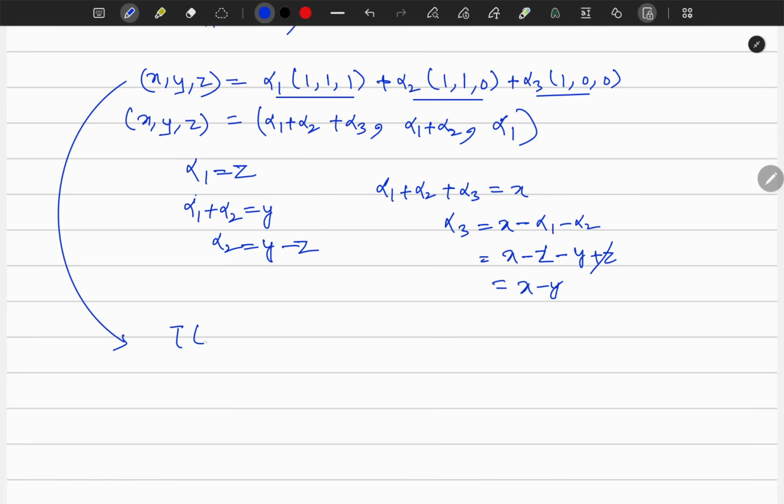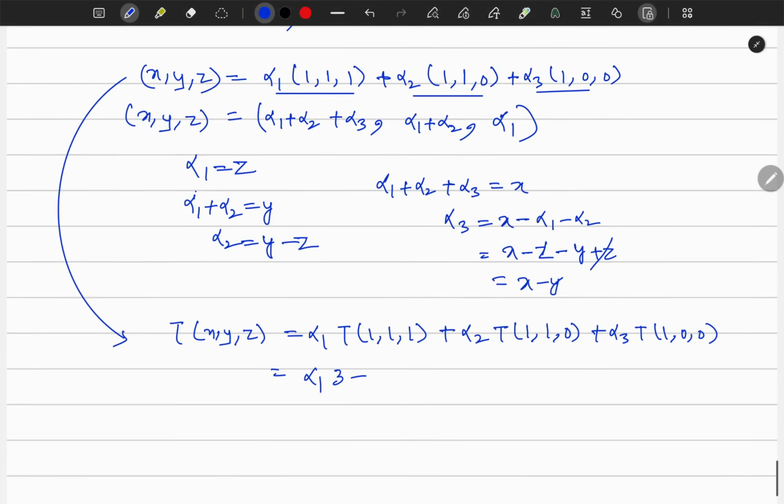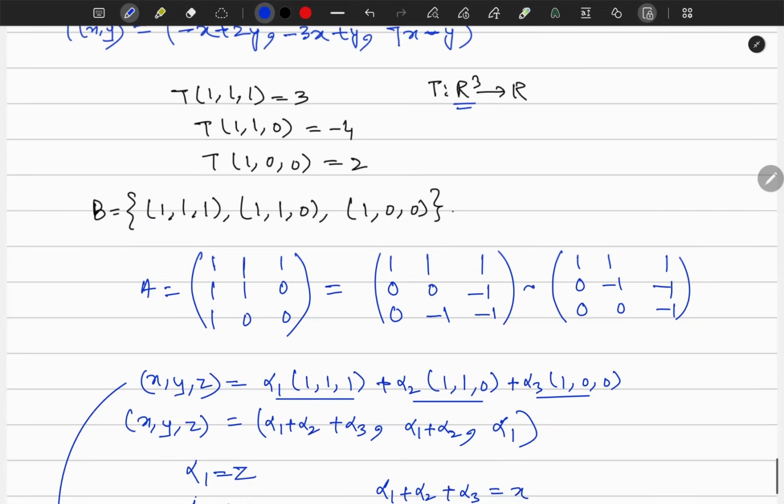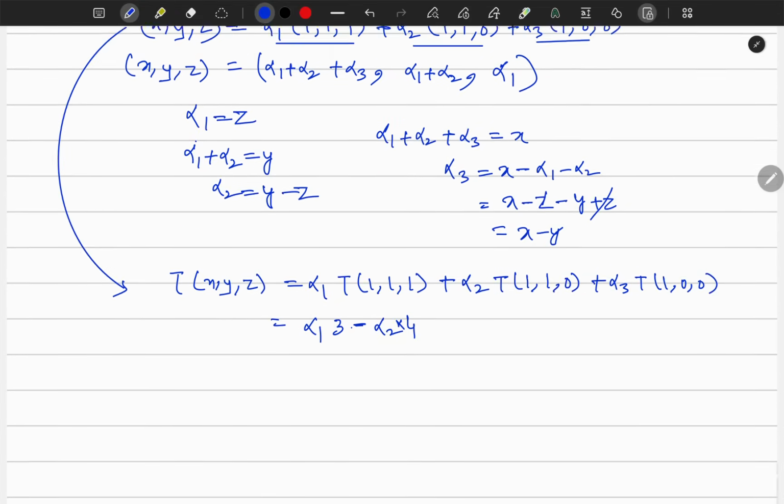Similarly, T of (x, y, z) is equal to alpha 1 T(1, 1, 1) plus alpha 2 T(1, 1, 0) plus alpha 3 T(1, 0, 0). So you will get alpha 1 T(1, 1, 1), that is 3, plus alpha 2 T(1, 1, 0), that is minus 4, so you will get minus 4 here.